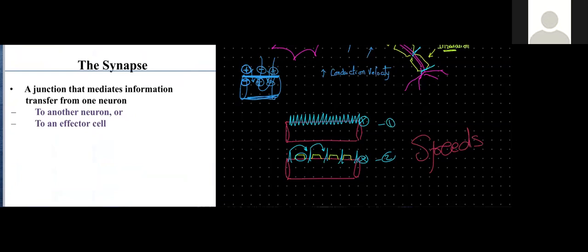All right, what's a synapse? A synapse is the connection between a neuron and another neuron, or a neuron and the effector organ. Like what we've seen was the neuromuscular junction, if you remember, we did have this terminal end of the nerve fiber connected to the muscle cell. And remember the connection here, the gap in between the two, this is my synapse.